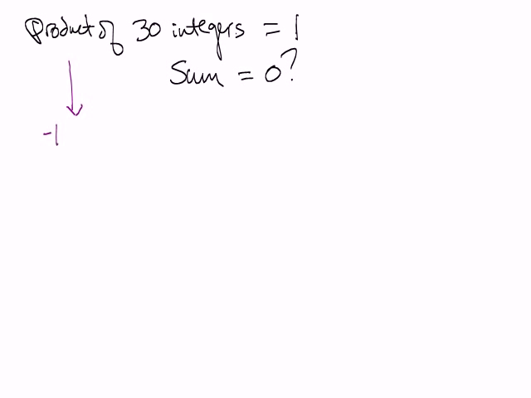So like -1, -2, 0, 10, etc. Those are integers. And if I want the product of integers to equal 1, I can only have 1s and -1s. Okay, if I have a 2 in there, then I'd need a half or something like a half to get it back to 1, and it wouldn't work. So I have 1s and -1s.